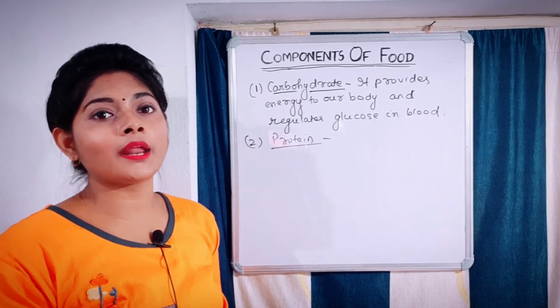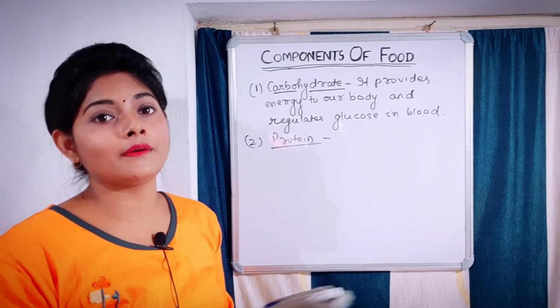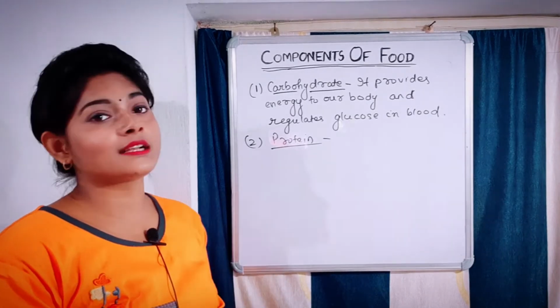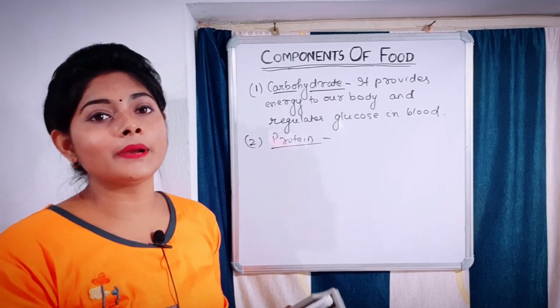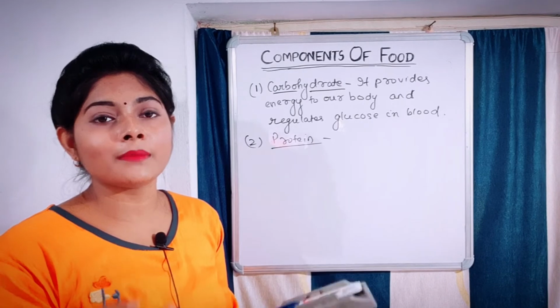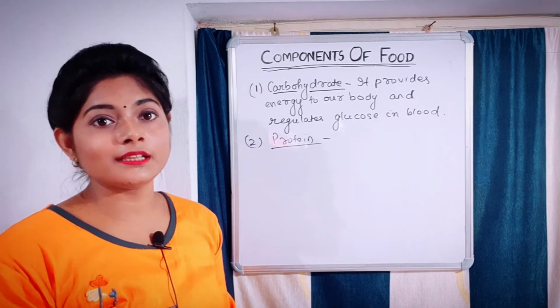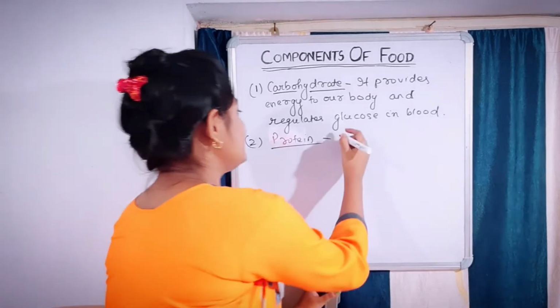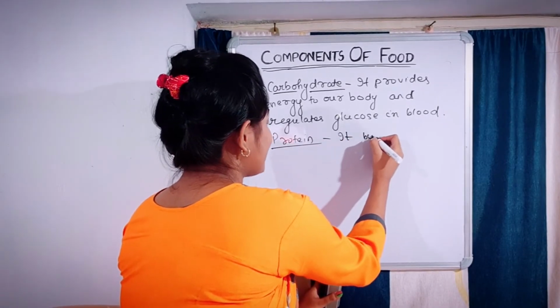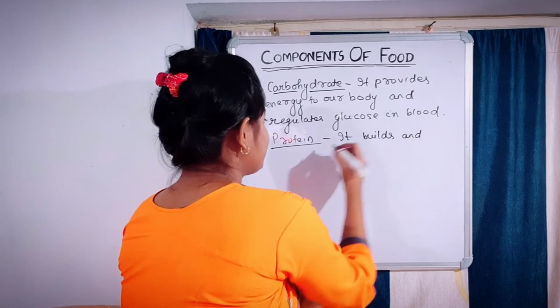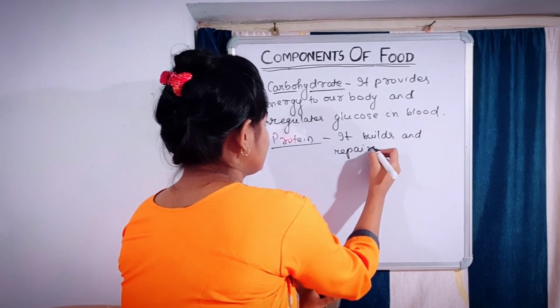It repairs our body and helps to grow our body. So protein is also known as the body building nutrient. If any 1 mark question comes, which is the body building nutrient? The answer is protein. We will write the function here. It builds and repairs our body.